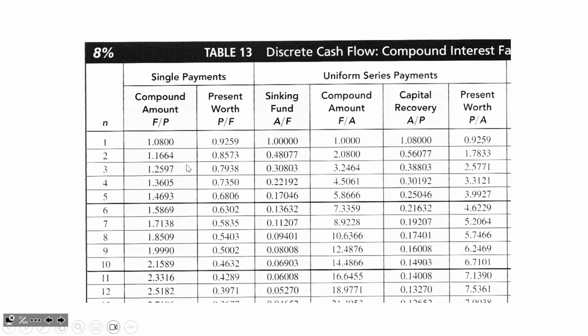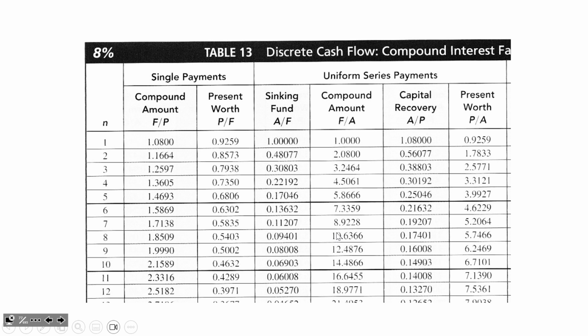The way this table was generated was they used the formula and they calculated, with i for 8% and n for each row, what would be the ratio of F/P. So let's just prove that to ourselves.